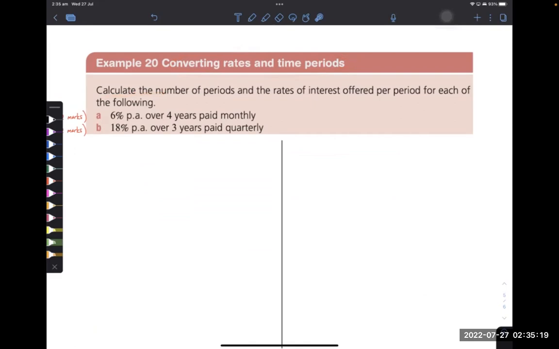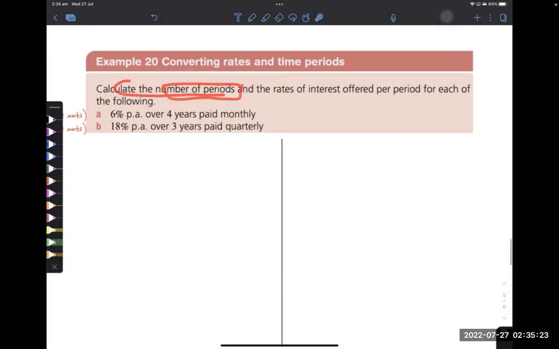It says here, calculate the number of periods and the rates of interest offered per period for each of the following. So here we're not asking to calculate the amounts, and it's not asking to calculate the interest. It just wants to find the number of periods and also the interest rate offered in this period here.